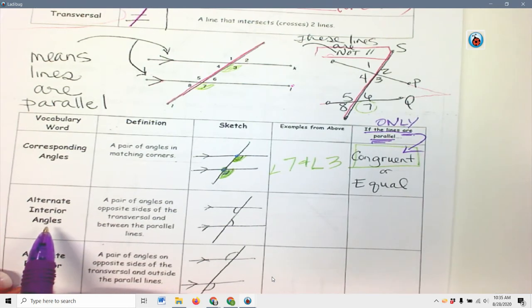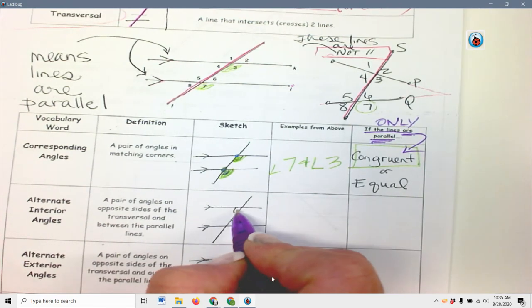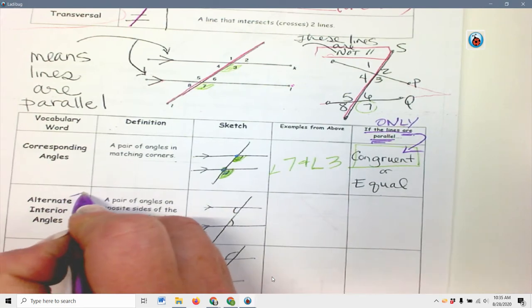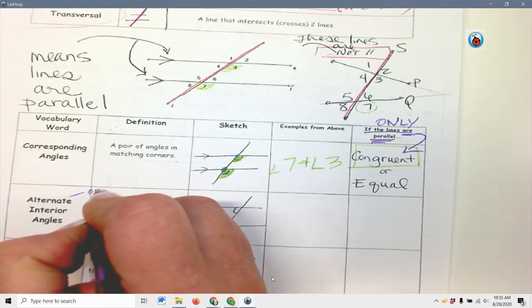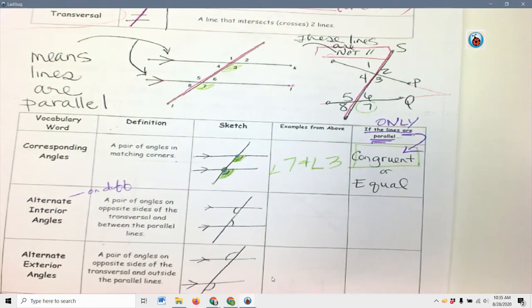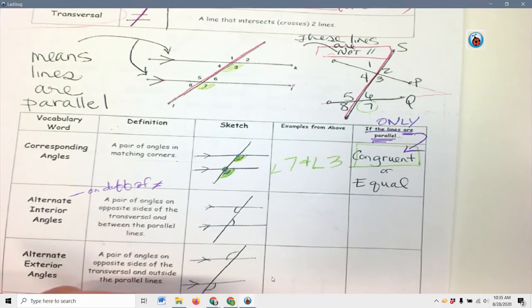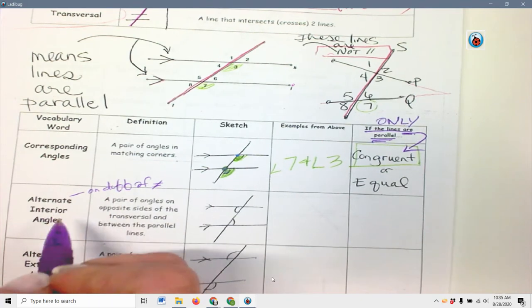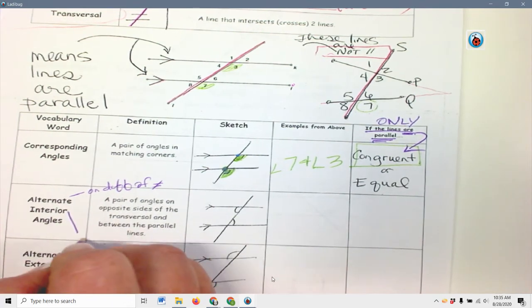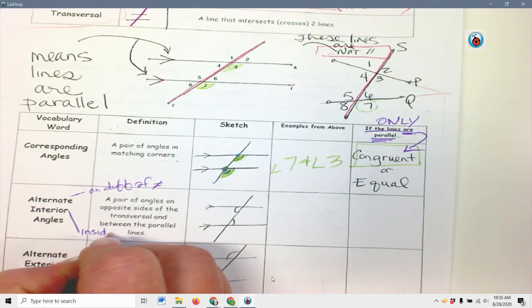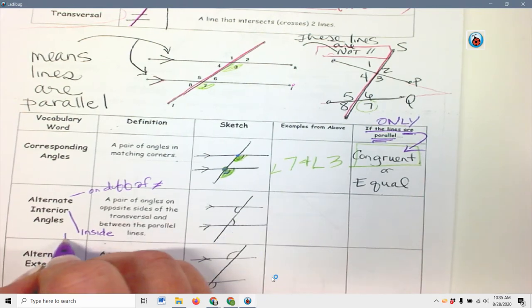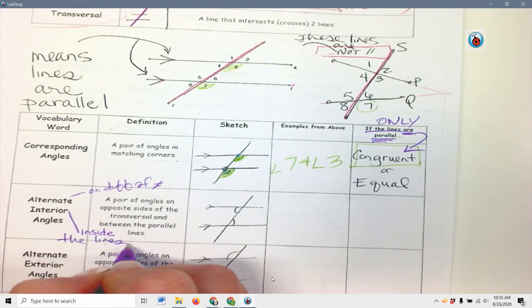Alternate interior angles. When we say alternate, we mean on different sides of the transversal, and I'm going to use that shorthand for transversal. And interior, we mean inside the lines. Okay?